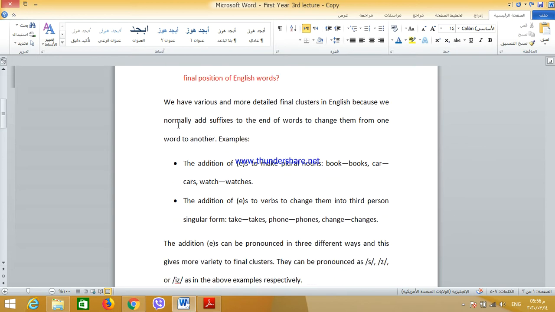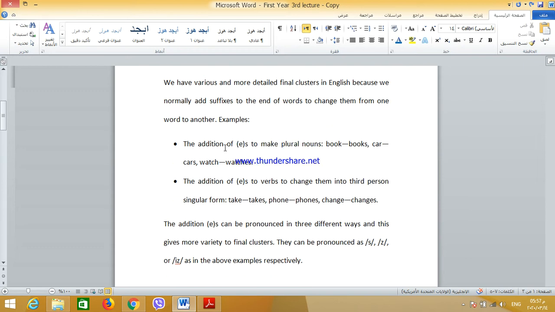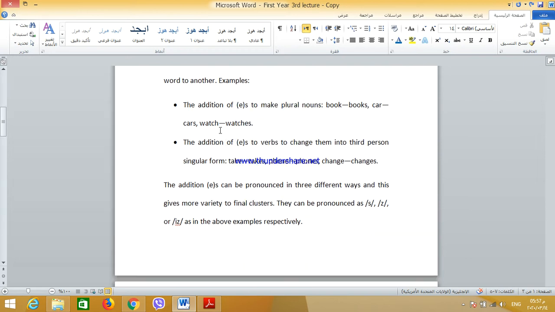Actually, this is basically because we always add suffixes to the end of words to change them from one word to another. For example, we normally add es or s to make plural nouns like book, books, car, cars, watch, watches.